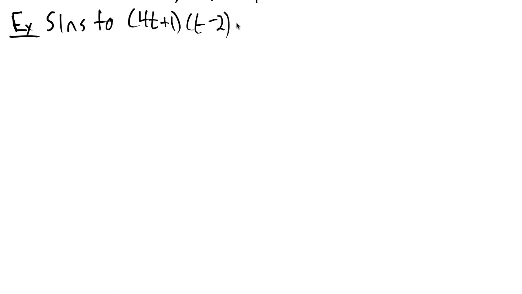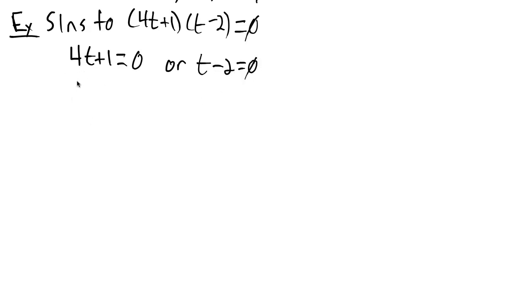Let's look at one. Let's say we're looking for the solutions to 4t plus 1 times t minus 2 is equal to 0. So if we're looking at this, this tells us by that property that either 4t plus 1 is equal to 0, or t minus 2 is equal to 0.